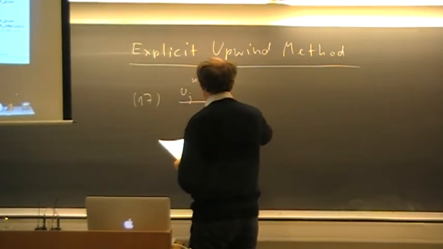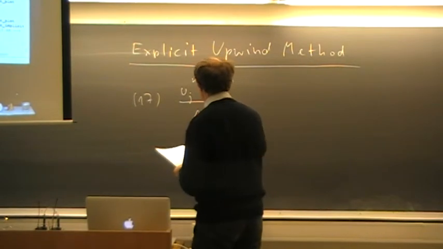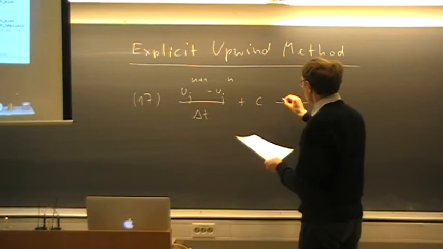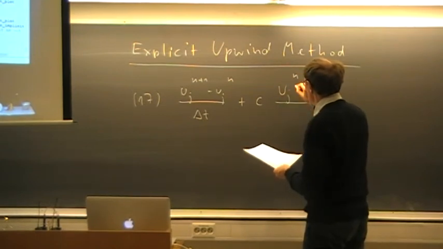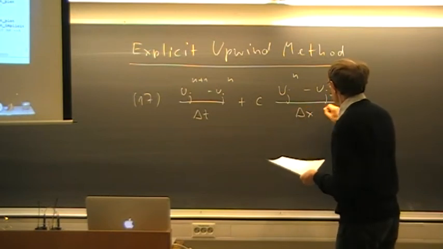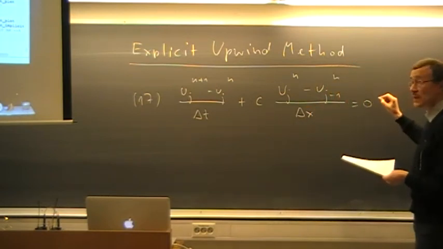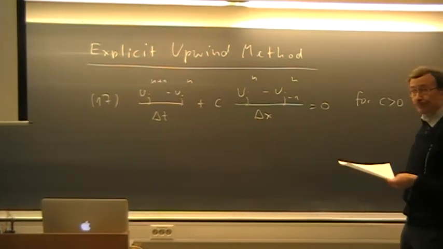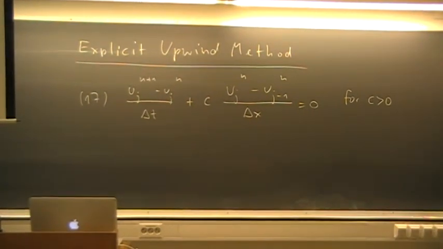We take the time discretization with the explicit Euler method, and for the space discretization we take Upwind. That is the case for c greater than 0, because then information is flowing from the left to the right, and upstream is to the left.